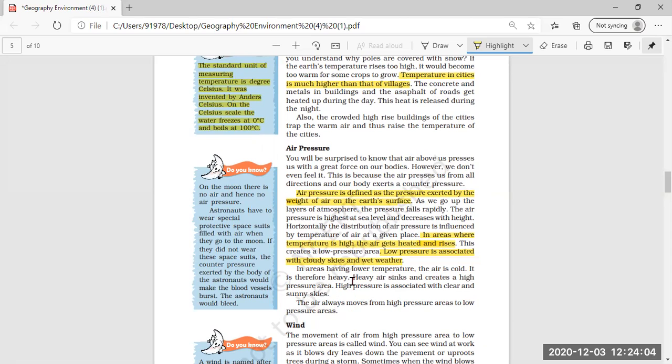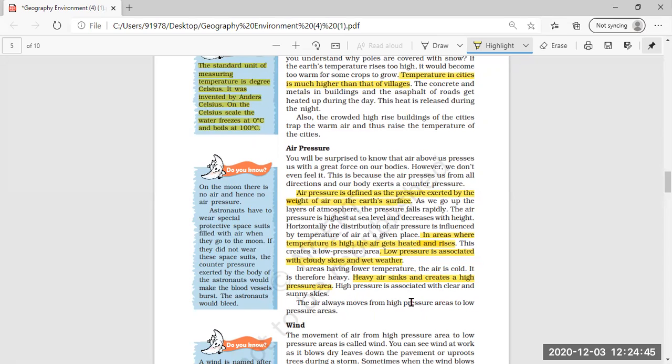As we have already understood, if the temperature is high the air will rise up, but if the temperature of the given area is low, then the air will be cold and heavy, and it will sink down and settle, creating a high pressure area.